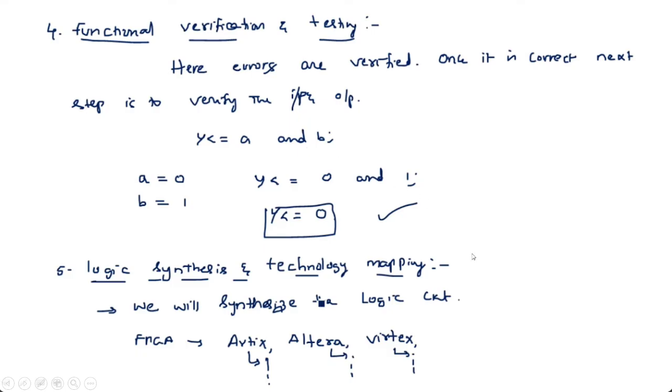Okay, and next is logic synthesis and technology mapping. We will synthesize the logic circuit, and technology mapping means you need to map to the FPGA board we are using. Mainly we are using Artix, Altera, and Virtex, all these boards in the FPGA.